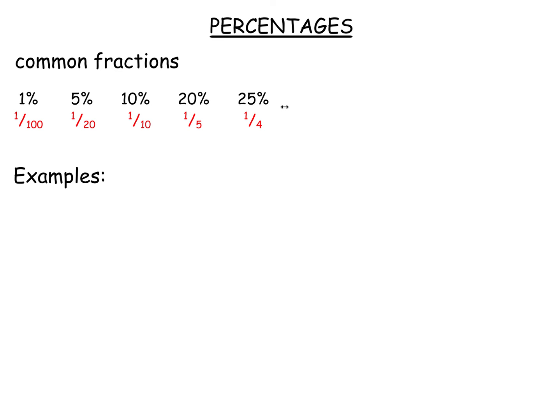25% to 1/4. 33 1/3% to 1/3. 50% to 1/2. 66 2/3% to 2/3. And 75% to 3/4. So when we're asked to find these percentages of a quantity, we can use the common fractions in red as a replacement.